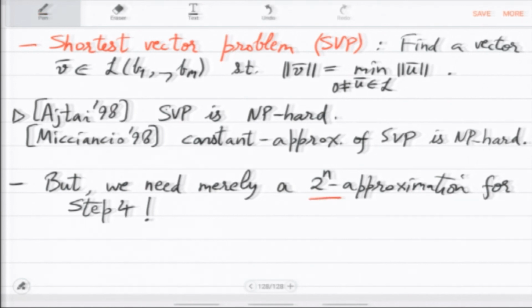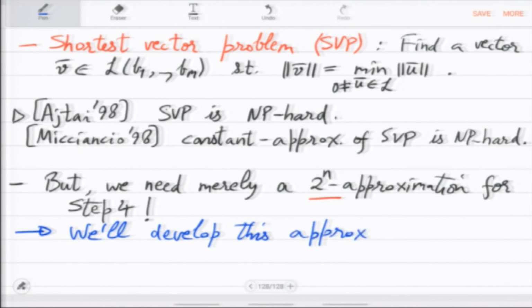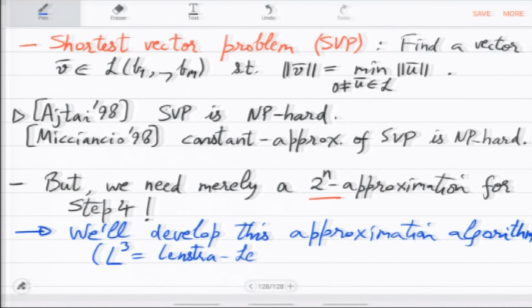Okay, so we'll develop this approximation algorithm. This was first done by L cube: Lenstra, Lenstra, Lovász.